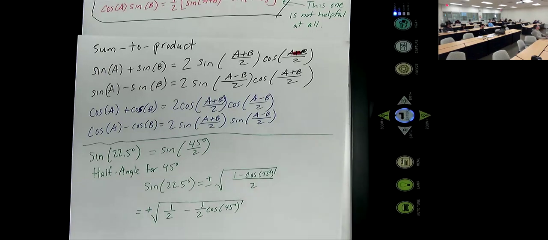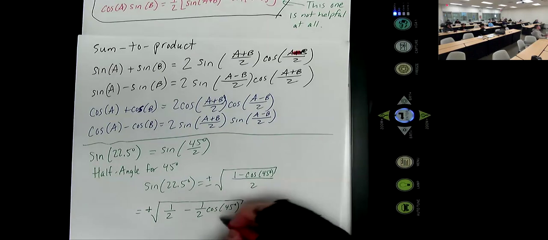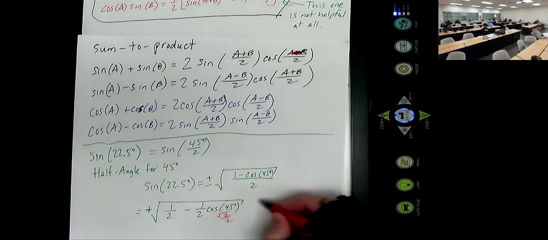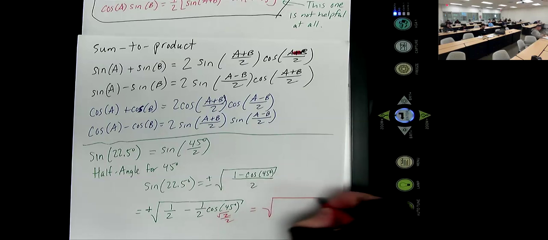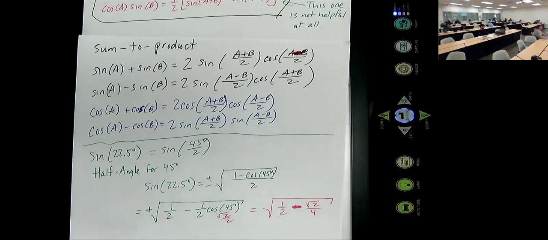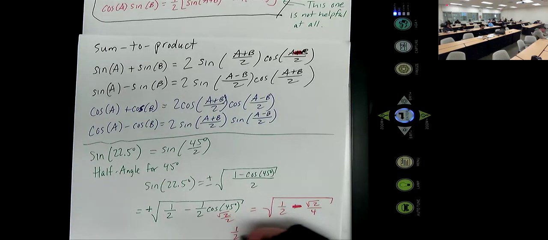And what value is cosine 45? Root 2/2. So this ends up being 1/2 minus root 2/4, because 1/2 times root 2/2 gets us that.